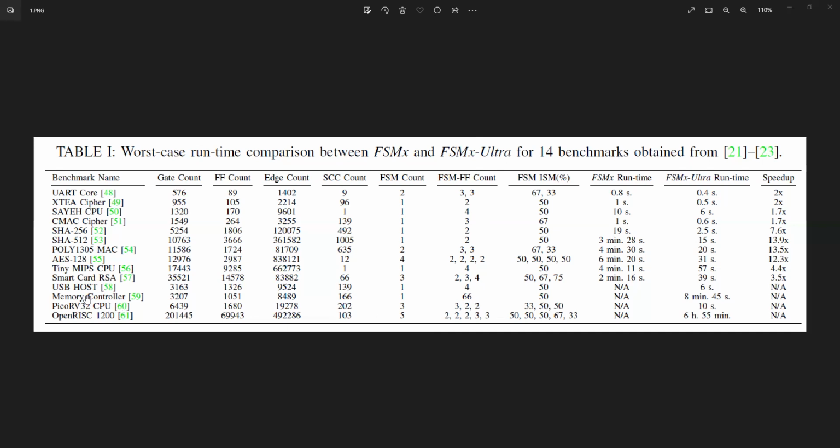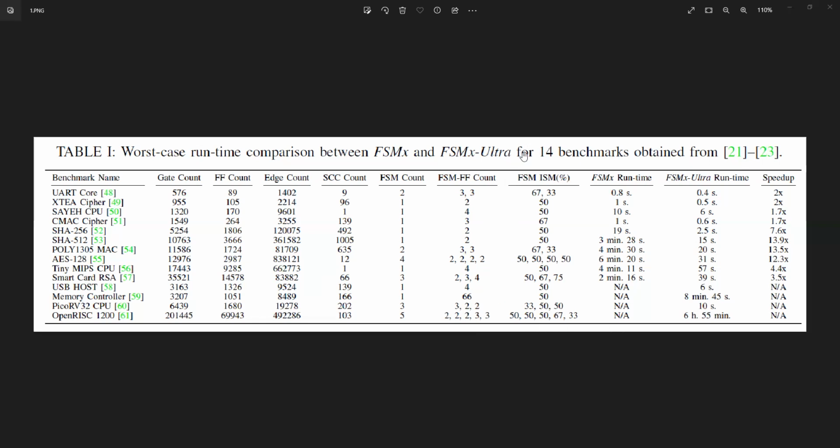It is because this core is encoded using the one-hot scheme. That's why it has a total of 66 states, all encoded using the one-hot encoding technique, so we have 66 state flip-flops. But the other designs were utilizing simple binary encoding, that's why you see a very small number of FSM flip-flops.